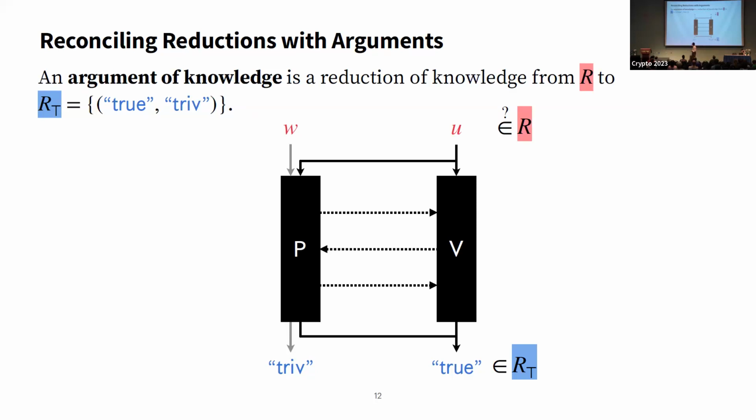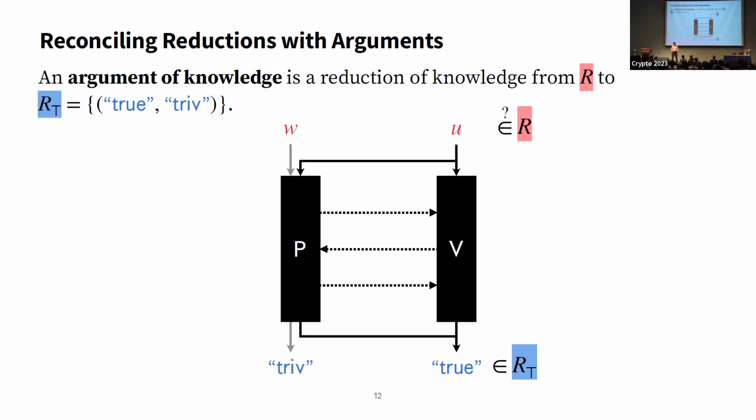Now, perhaps most interestingly, an argument of knowledge itself can be viewed as none other than a reduction of knowledge from a relation R into a canonical fixed relation RT representing truth. Specifically, RT will consist of a single instance witness pair. The string true is the instance, and the string triv is the witness.